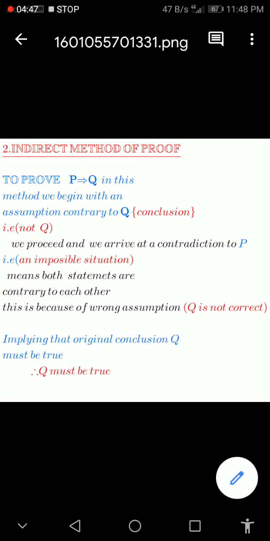Here our original conclusion is Q, but we assume that not Q. That means Q is not correct.